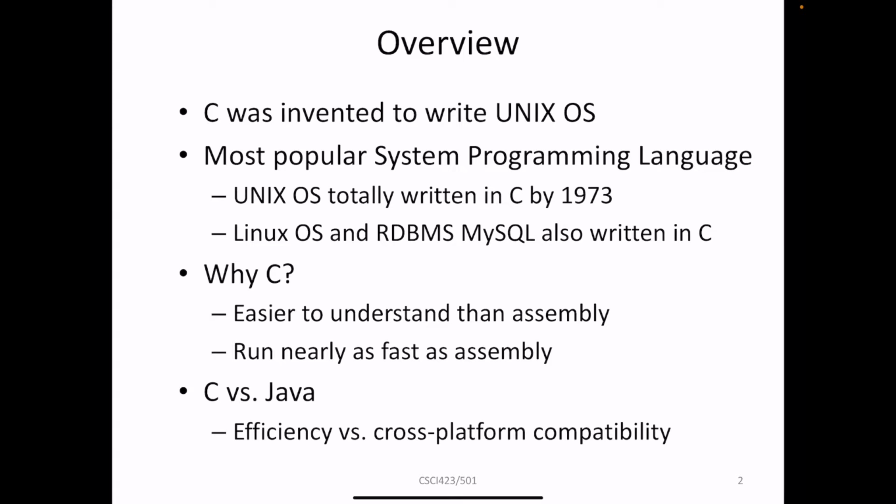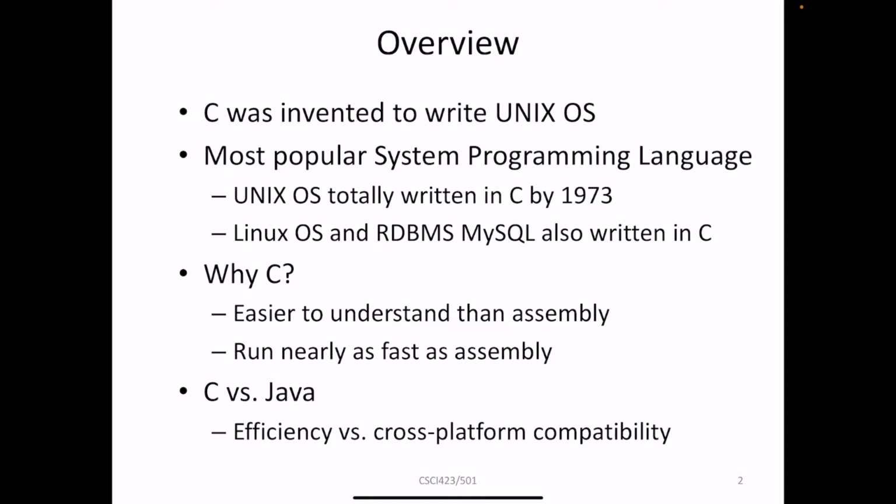However, compared with C, it doesn't mean that there's no advantage for Java. Some of you may know my research area is computer networks. Actually, Java is one of my favorite programming languages. Although efficiency is very important in computer networks, it may not be the first priority.